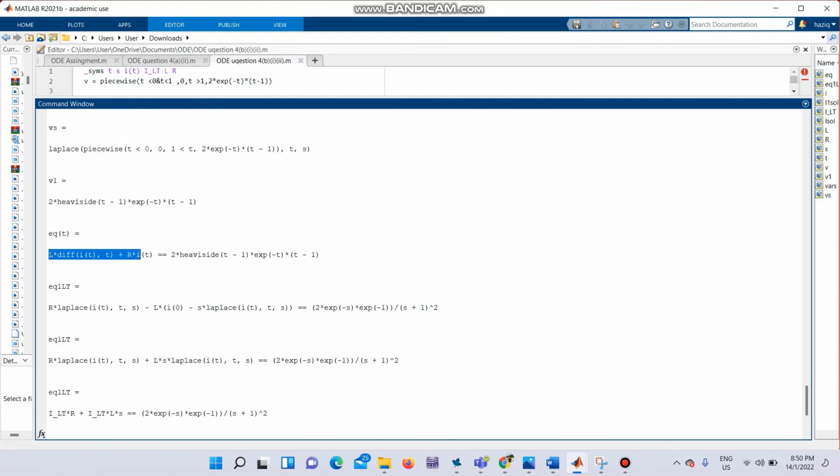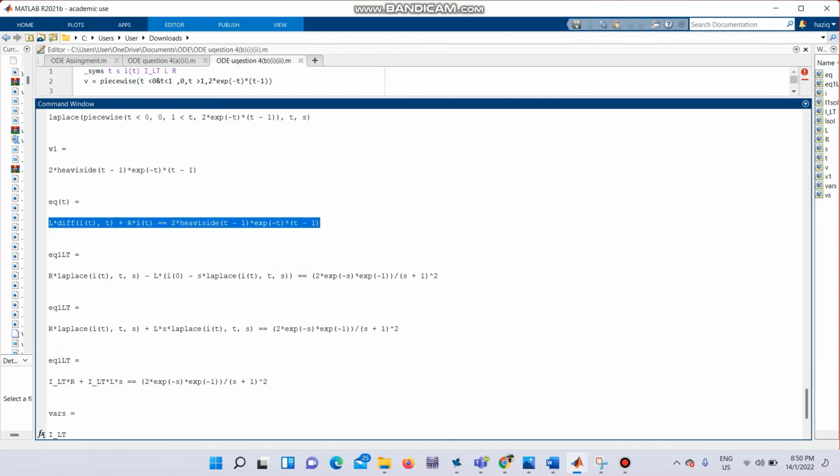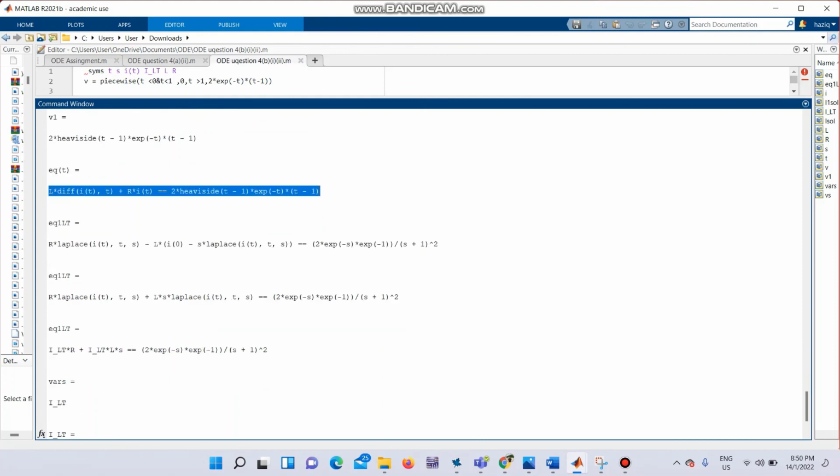And then the next is equation 1 LT equal to R multiply laplace I(t), t, s minus L multiply I naught, I 0, minus s multiply laplace I(t), t, s, equal to 2 multiply exponent negative s multiply exponent negative 1 over bracket s plus 1 power of 2.